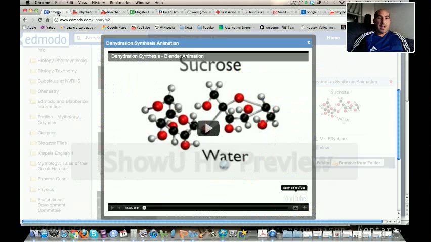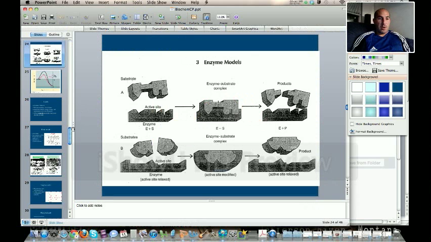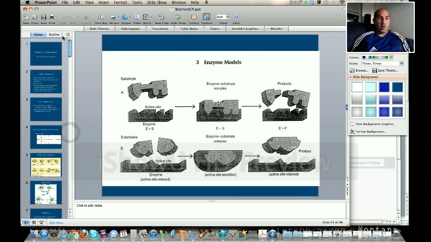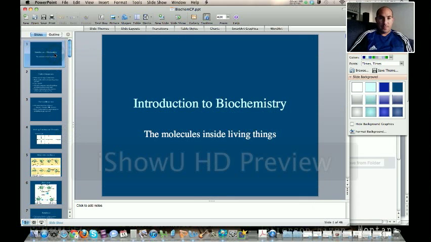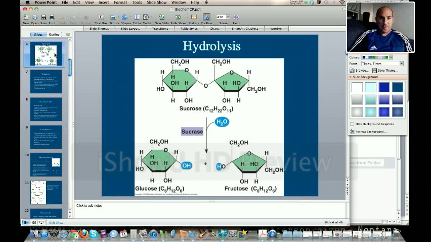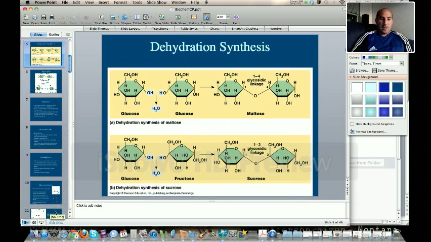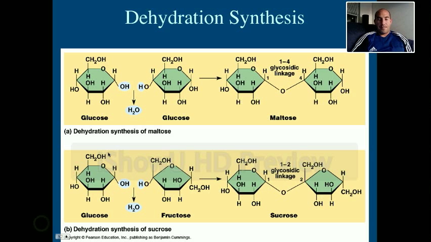In terms of diagrams of dehydration synthesis, it's important to take a look at your PowerPoint presentation. Dehydration synthesis, again, you'll notice glucose and glucose is maltose, which you just saw in the animation.